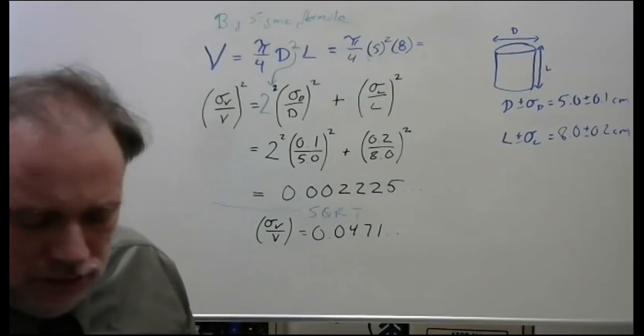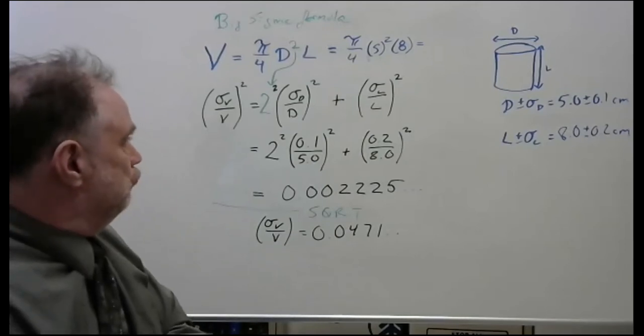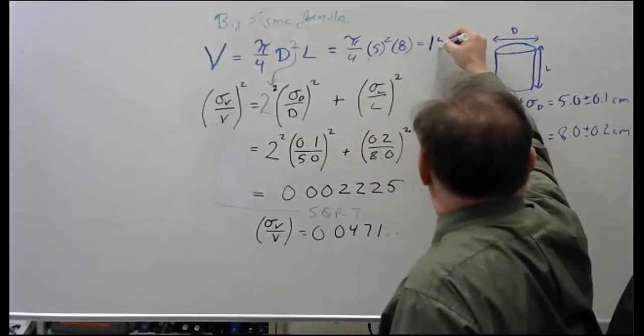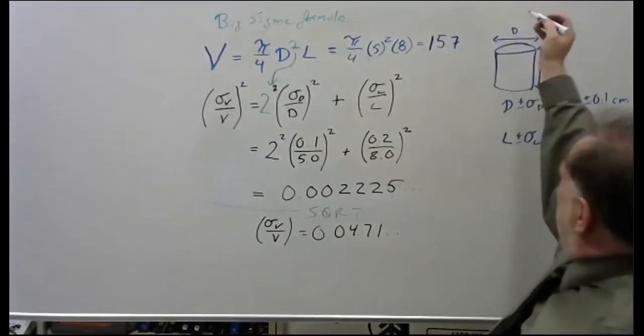I got 157.0796. Okay, sounds very reasonable. 157 point blah blah blah, which is 157 is fine.